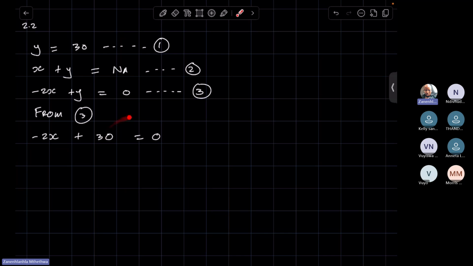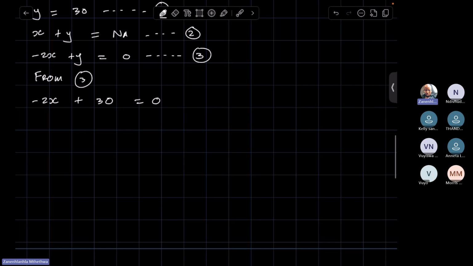You can either transpose the negative 30 to y, but because the coefficient of x is negative, it's better to just transpose this term so that it becomes positive on that side. So this becomes positive 2x is equal to 30, which remains positive.